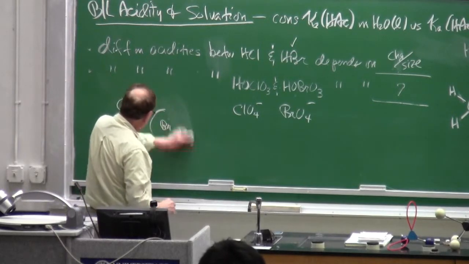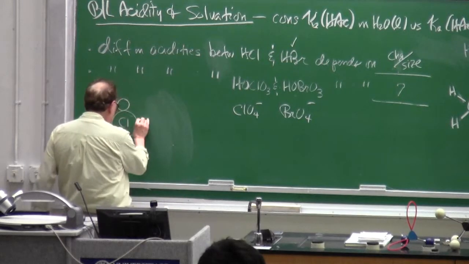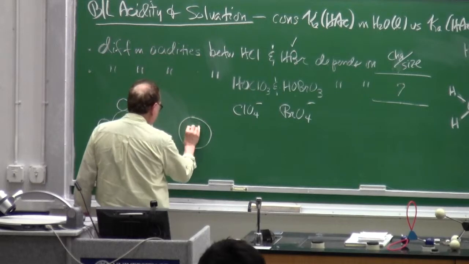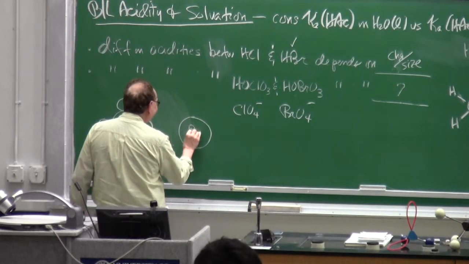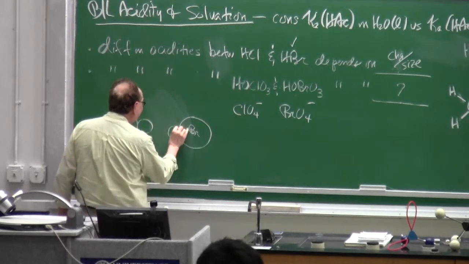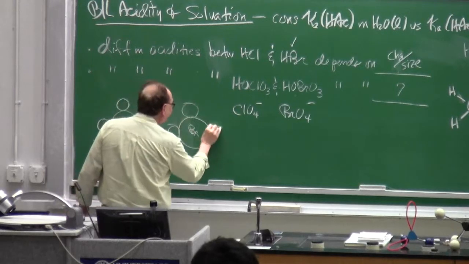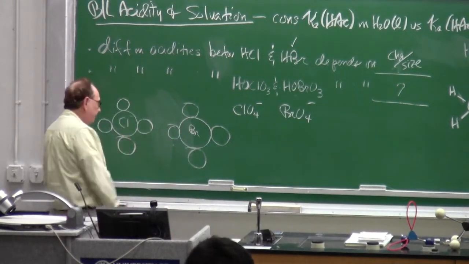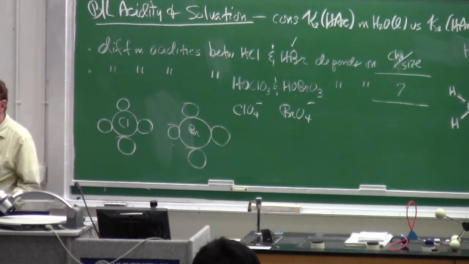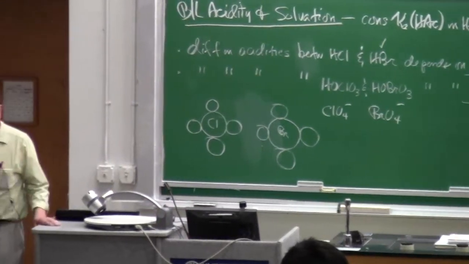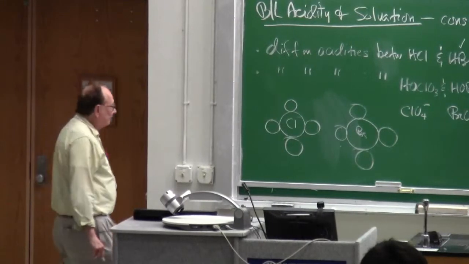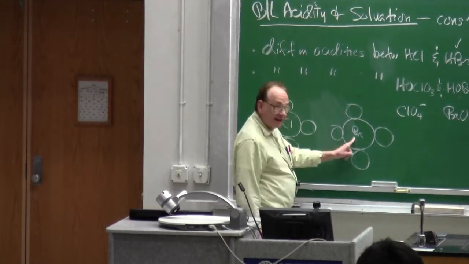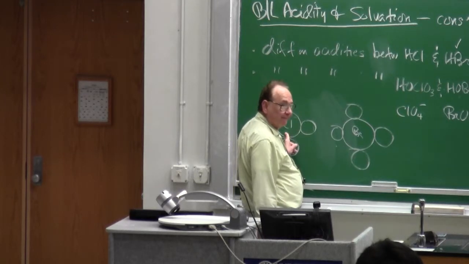If I now compare sizes, clearly perbromate ion is larger than perchlorate ion because this atom is bigger than this atom.